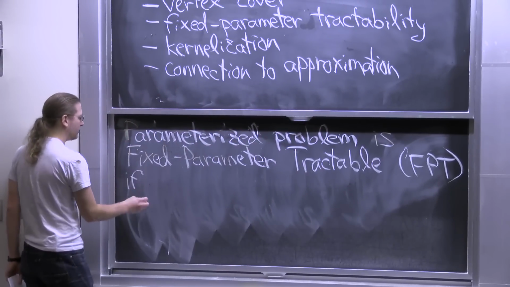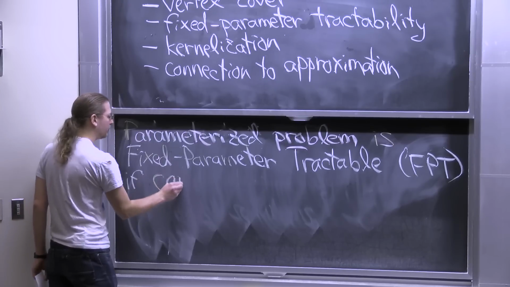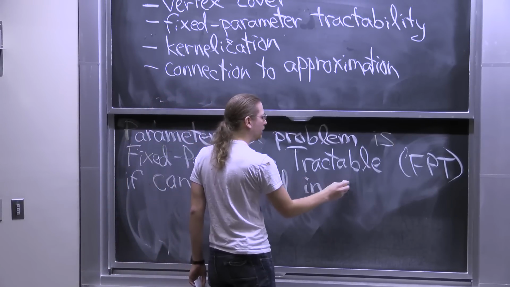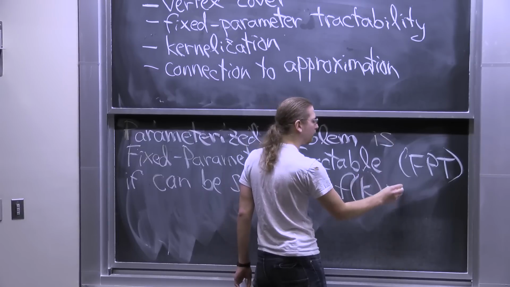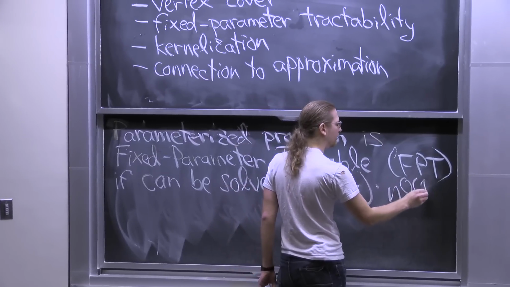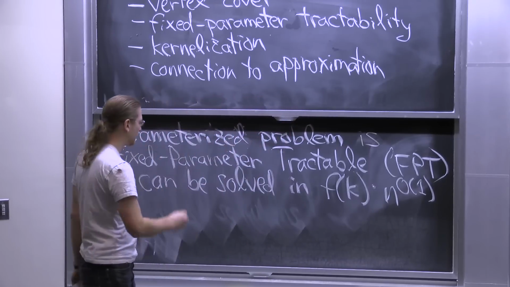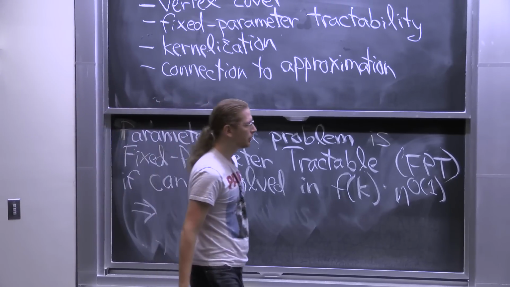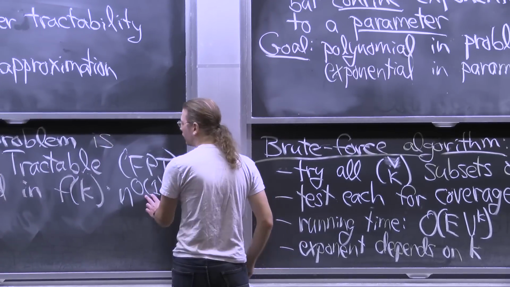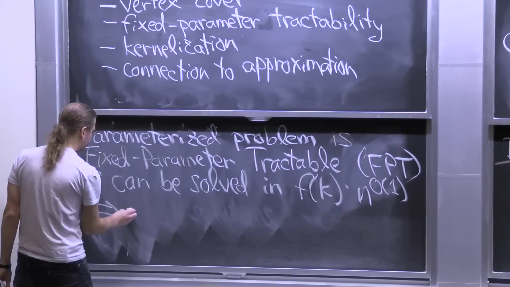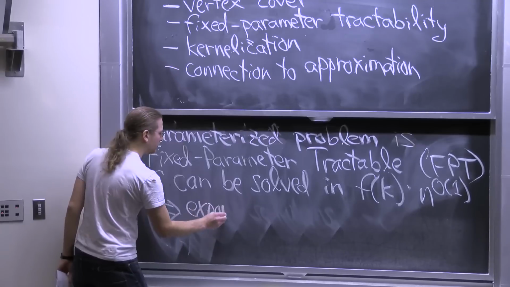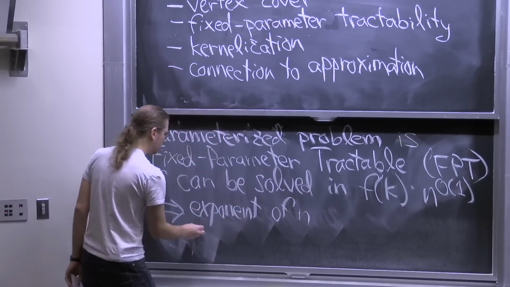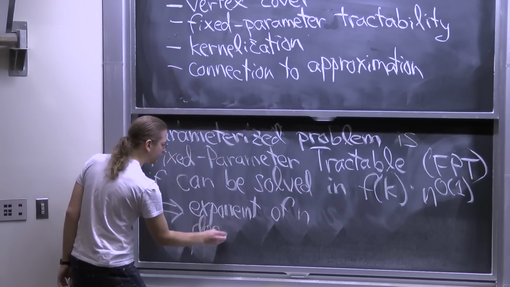If it can be solved in f of k times polynomial in n. Okay, because this means that the exponent of n doesn't depend on k.